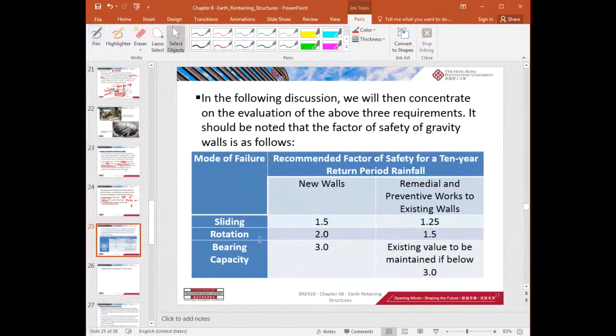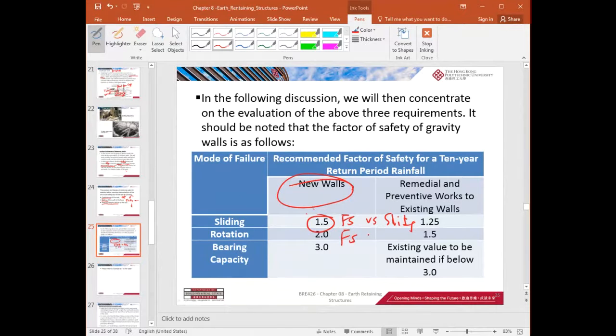Well, for sliding, there are a few factors of safety recommended for the design of the walls, for the retaining wall. So we are talking about here, right, for the new walls, for the new construction, factor of safety against sliding, right, is 1.5.